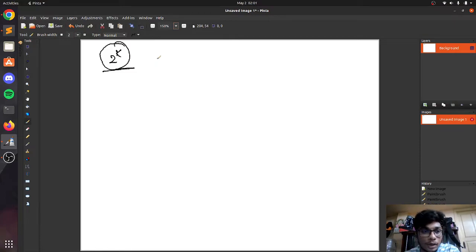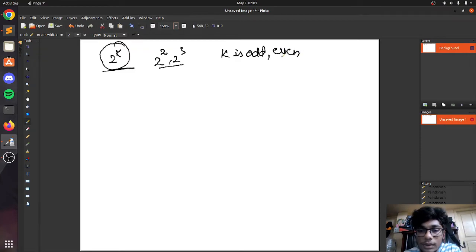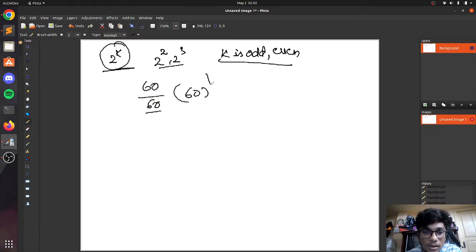In 2 power k also, if you take 2 square, 2 cube, meaning whether k is odd or even. Suppose you take an even number 60, you can't divide by 60 because 60 power 1, so x plus y equal to odd, so you can't do that.